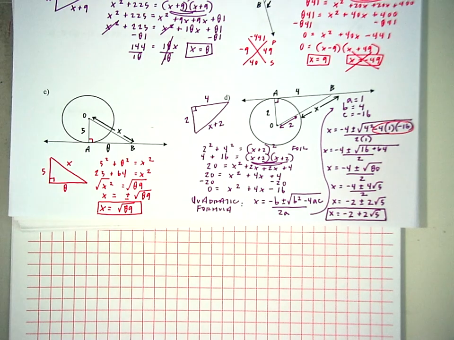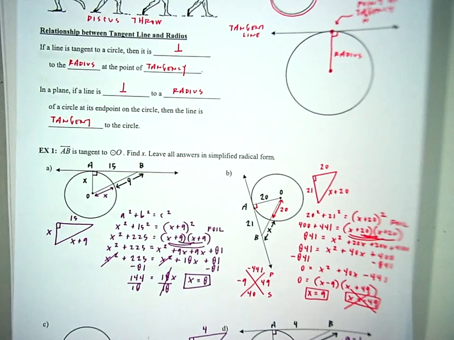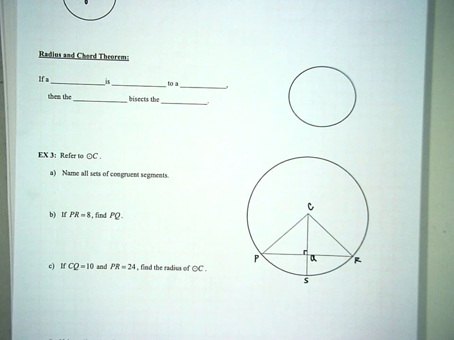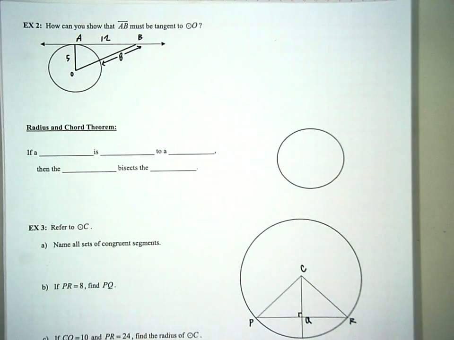All right, flip it over or go to that second sheet. Let me just adjust my papers. Okay, so here, the question that I'm posing is, how could you show that line AB is tangent to the circle?